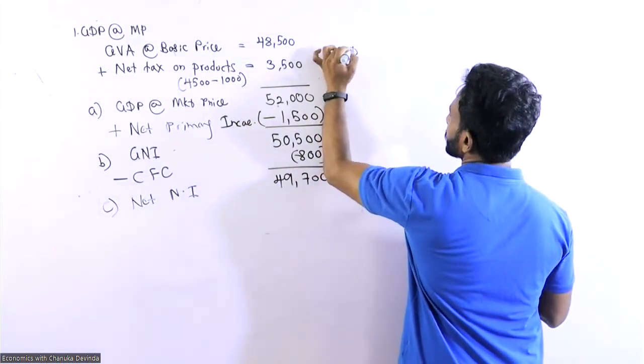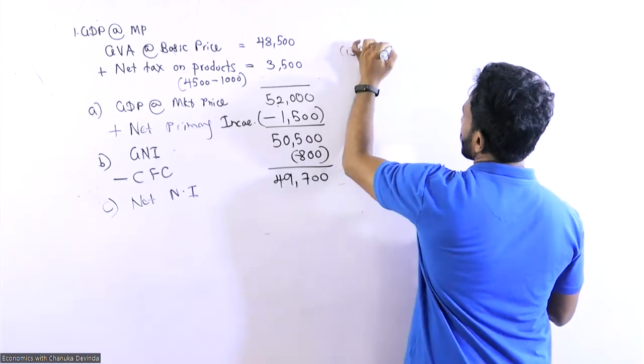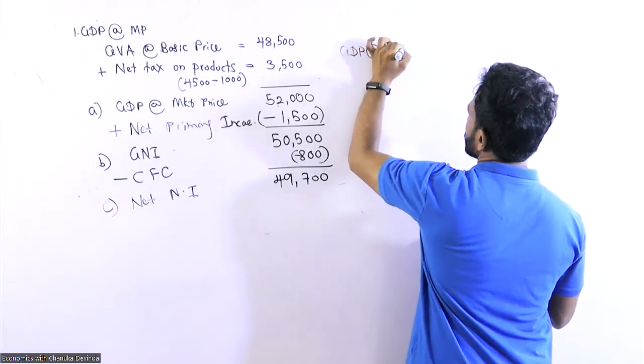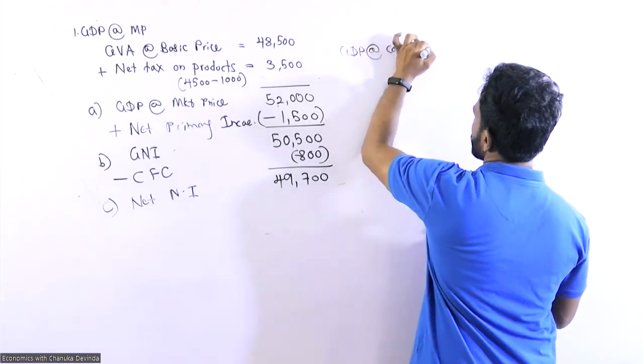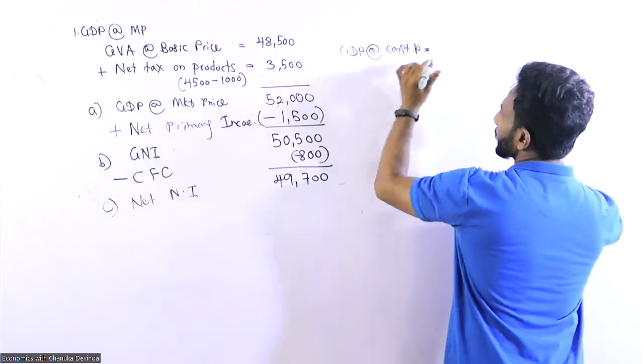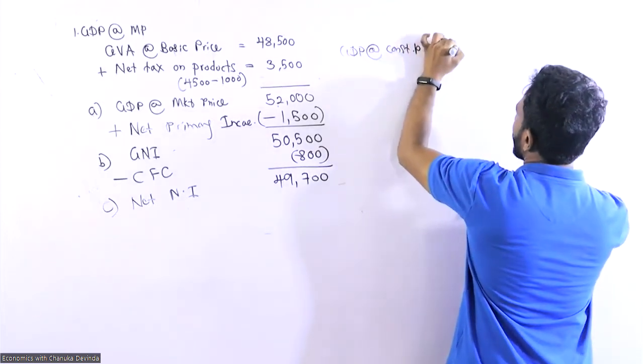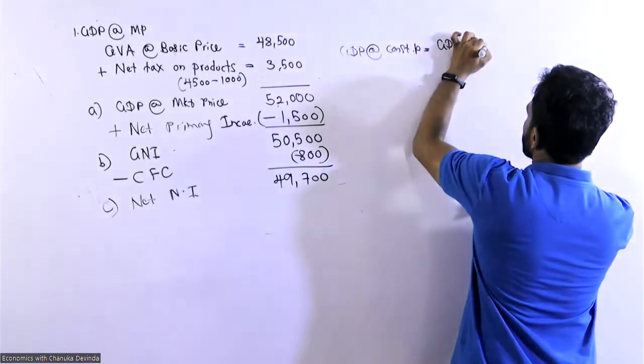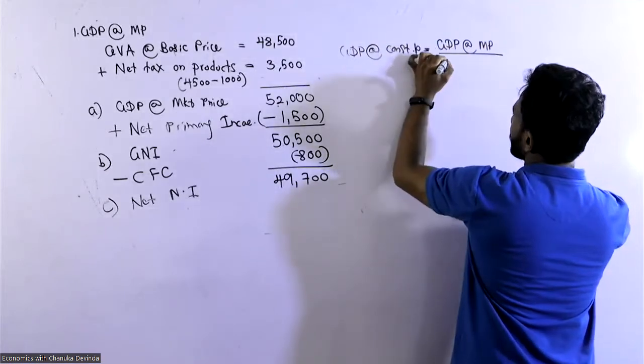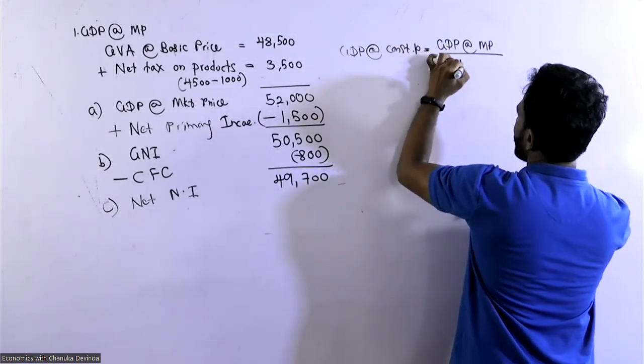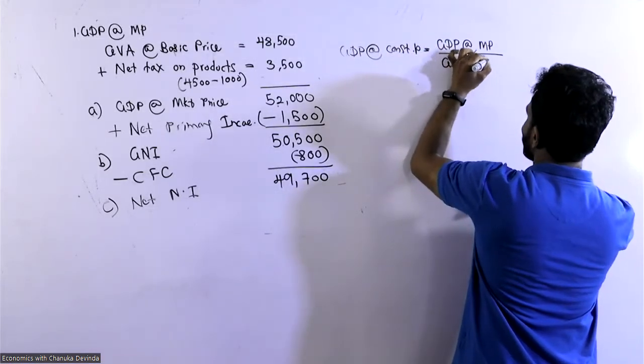GDP at constant or fixed price equals GDP at market price divided by GDP deflator or implicit price index, into 100.